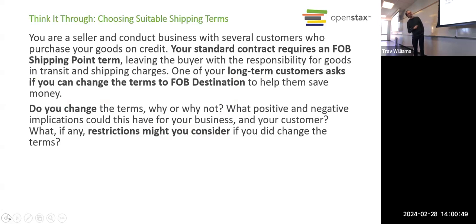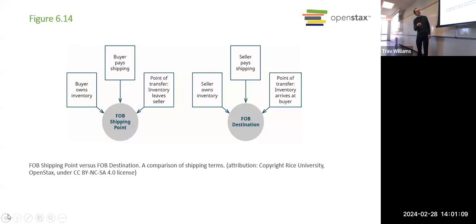All right. So here we've got a situation where our normal procedure is FOB shipping point. Now, if we're the seller and it's FOB shipping point, we don't have to worry about paying for the delivery costs, right? Because we just saw FOB shipping point, the buyer pays for it.